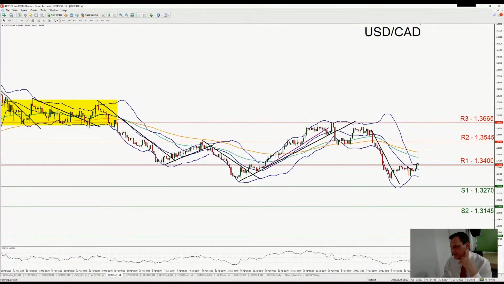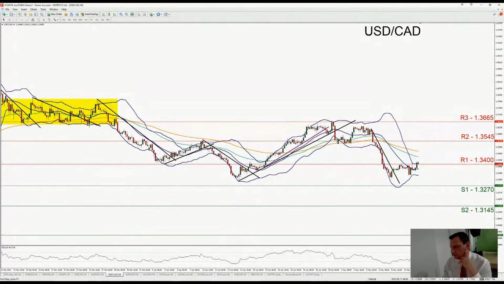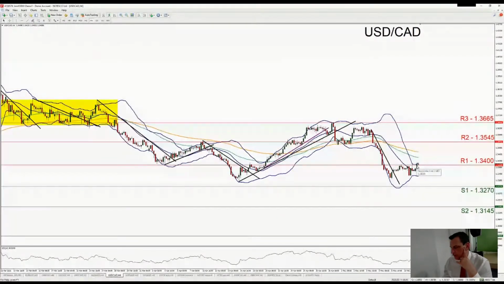So that may imply a rather sideways motion. It's going to be interesting to see. I think that USD CAD remains mostly USD driven for the time being. And should this USD strengthen further, I would expect it to rise, aim, if not breach, the R2 1.3545.